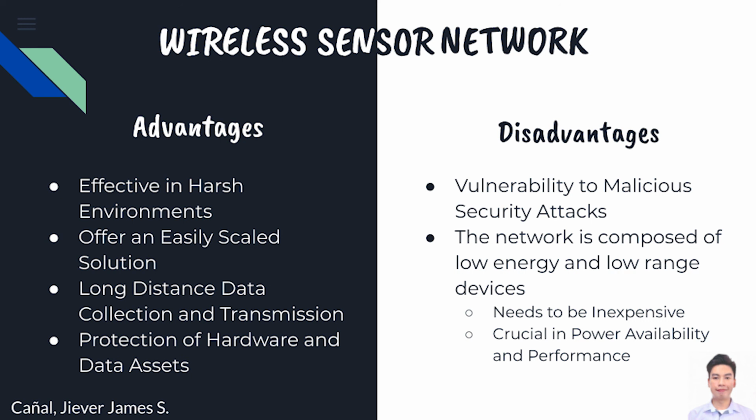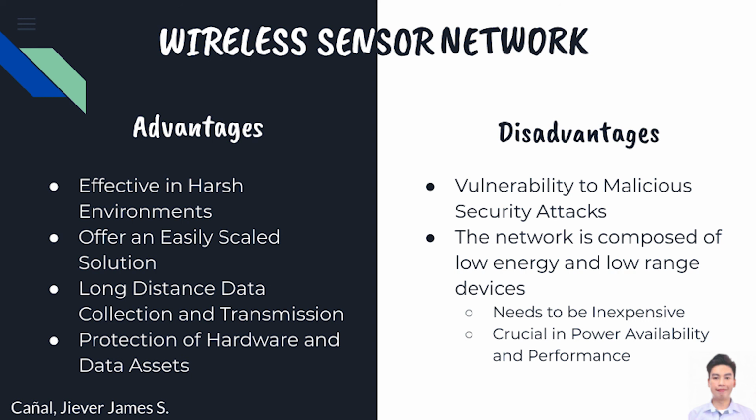Lastly, it can serve as a protection of hardware and data assets. Wireless sensor nodes make it easier for corporations to realize the benefits of real-time temperature sensing in their data centers, without adding a lot of extra cabling into the environment.